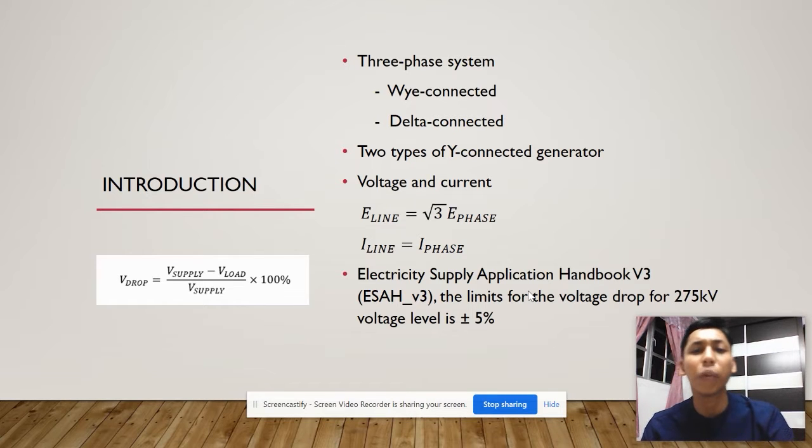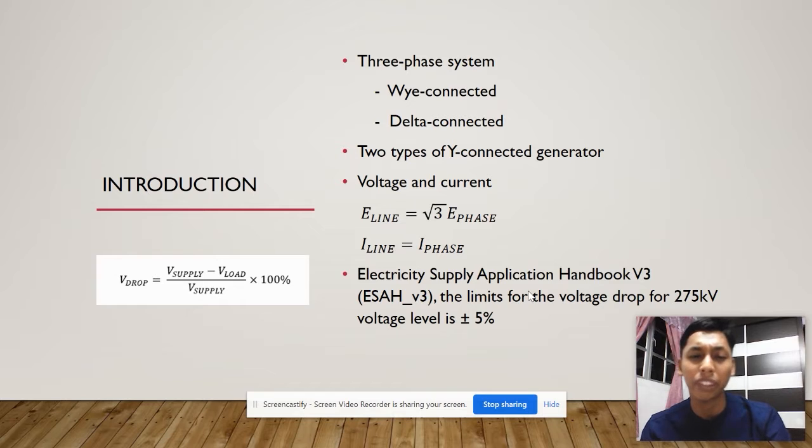Then in the Y connected generator, we should know there are two types, which is voltage and current. For voltage, E line equals root 3 E phase, and for current, I line equals I phase. I repeat, for the voltage, E line equals root 3 E phase, and for the current, I line equals I phase.